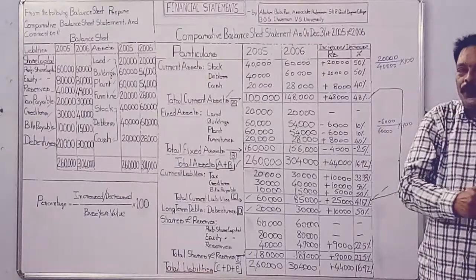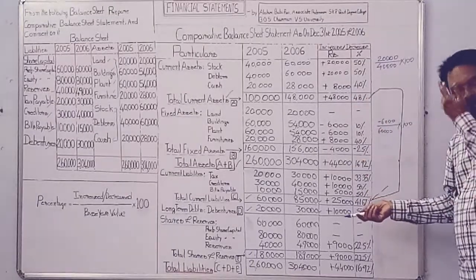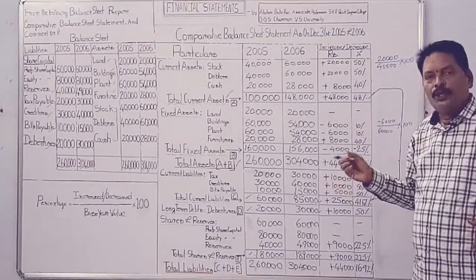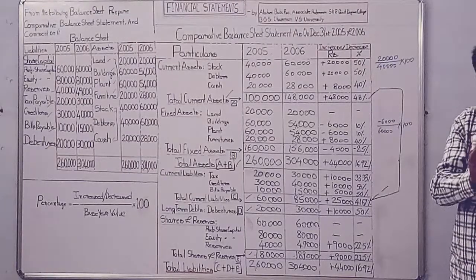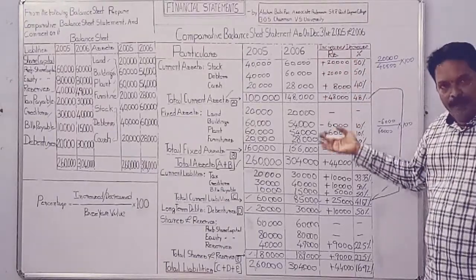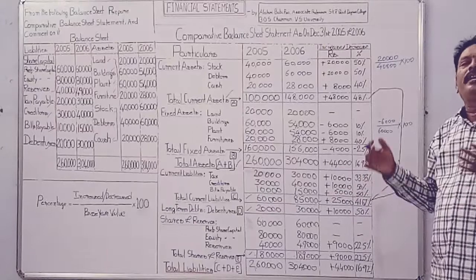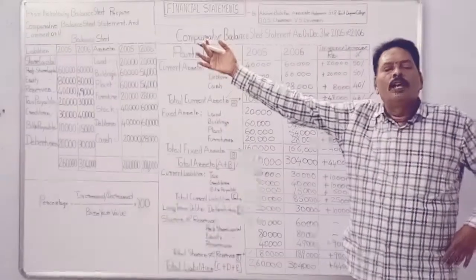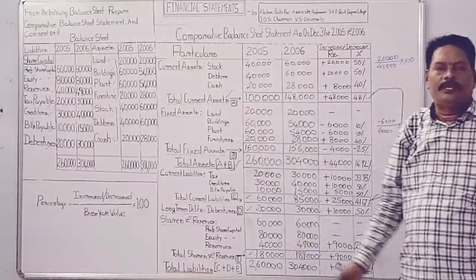So your main duty is, after preparing the financial statement, after preparing the comparative balance sheet statement, every student must act as management accountant and write your views by observing this statement in a small paragraph. It is nothing but a report. It should be submitted to the owners of the management for the sake of business development.